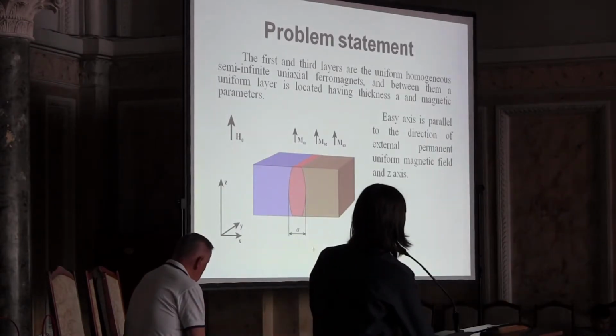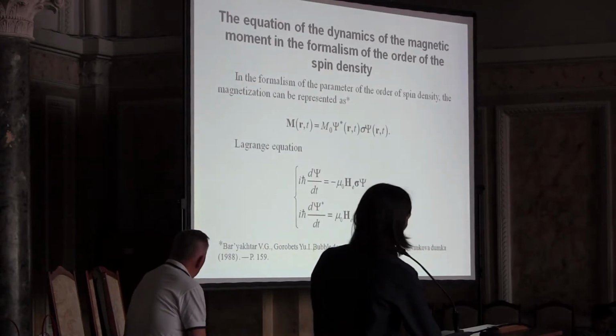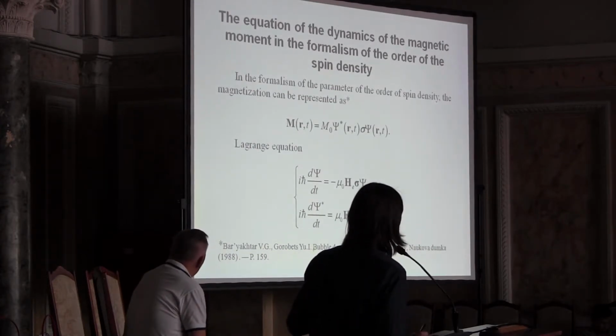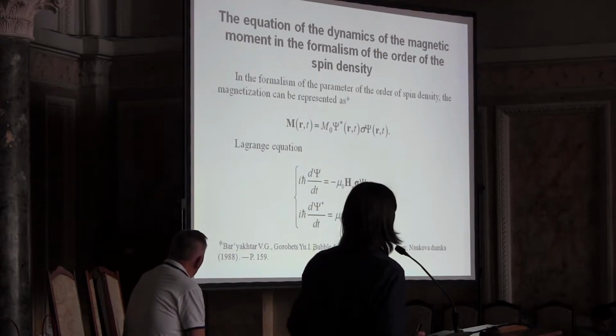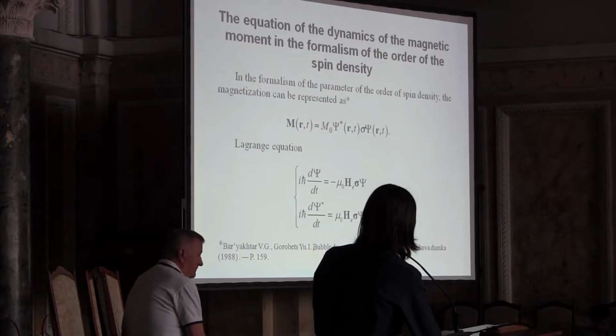Basically, you can just make the analogy from optics. It's basically the same, just the medium is magnetic. So to find these values, such as focal length and reflection coefficient, we need, of course, to find the rules of dynamics of the spin waves in these mediums. For doing this, we used a quantum mechanical approach.